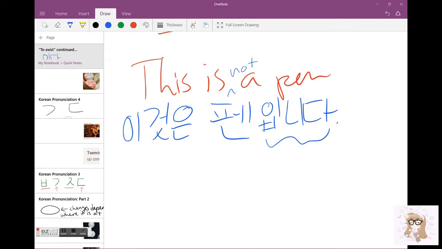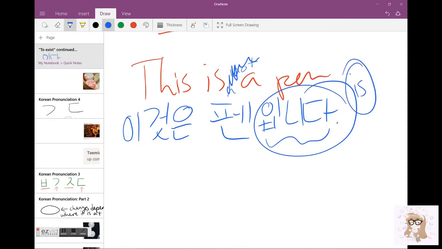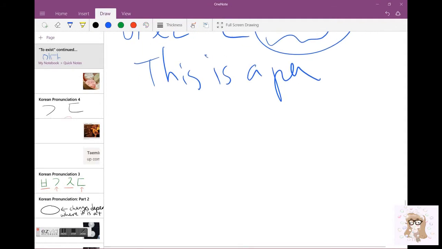I'm gonna cross-reference with my book because I can't really think right now. Sorry, I'm forgetting. Brain fart. This is a pen. To be a pen.